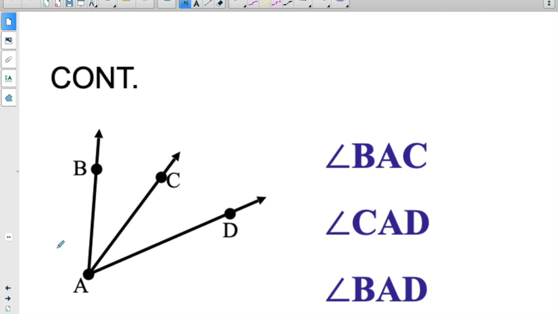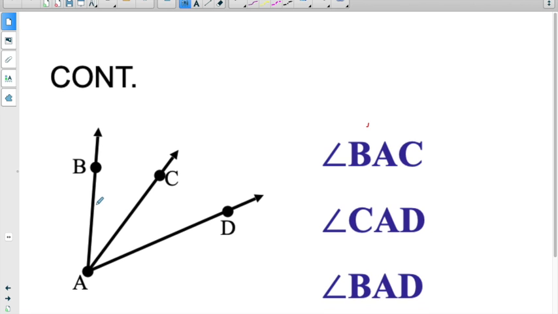So now we have two different angles. We have one here, angle BAC, and a separate one here. There is a third angle, angle BAD, and that is right here. So now you have three different angles seemingly within one.